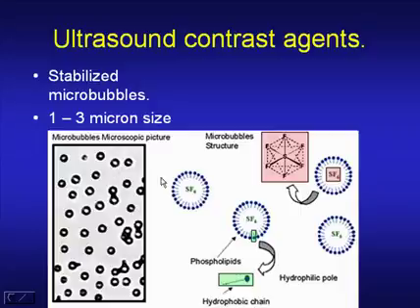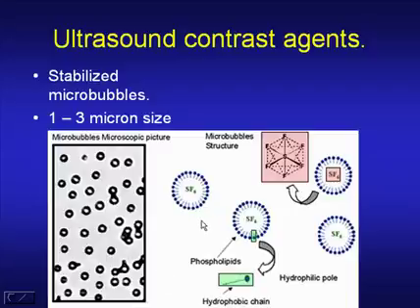But being of the same order of size as a red blood cell, they don't escape through the vascular endothelium into the extracellular fluid compartment. They're confined purely within the vascular space. They are blood pool agents.